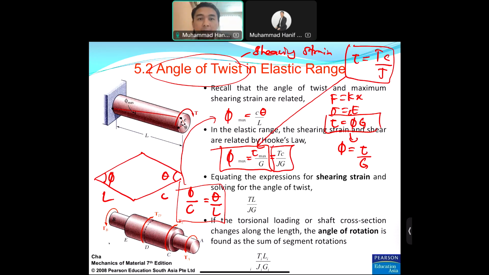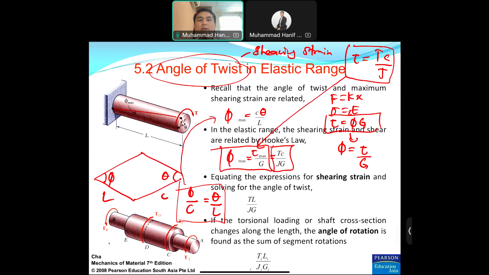Angle of twist is located at the cross-section area, which is theta here. So you have to substitute theta. Theta will be equal to TL over JG. Instead of TC over JG, you substitute C with L, and phi with theta. So at the end, you will get theta equal to TL over JG.